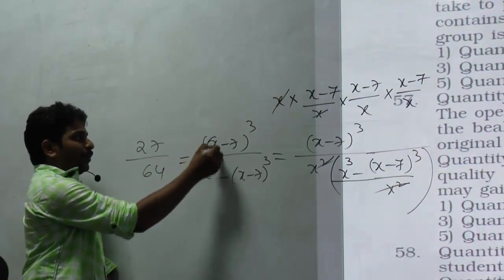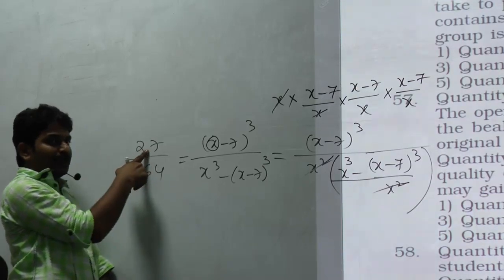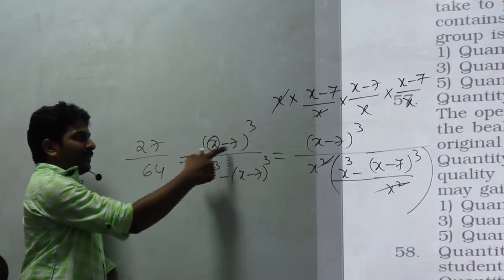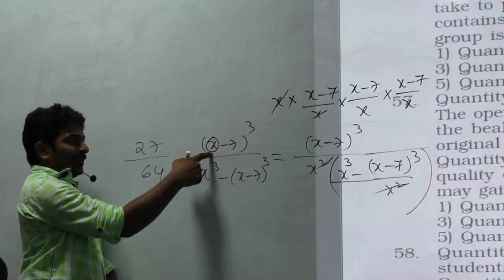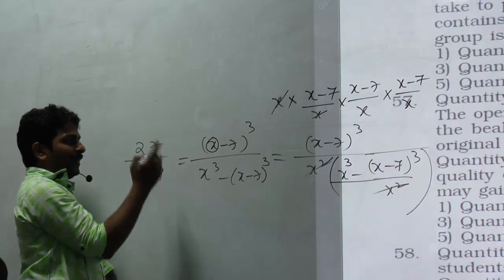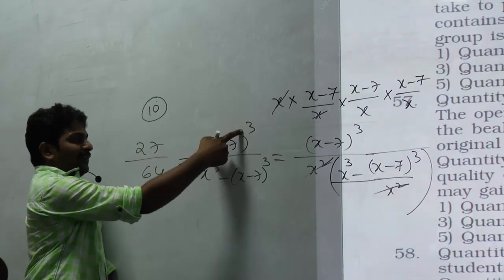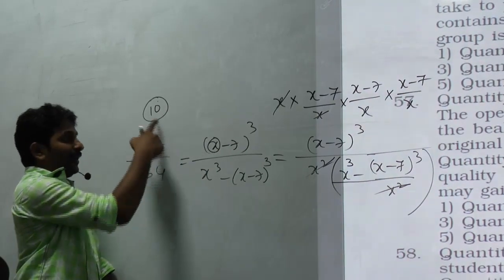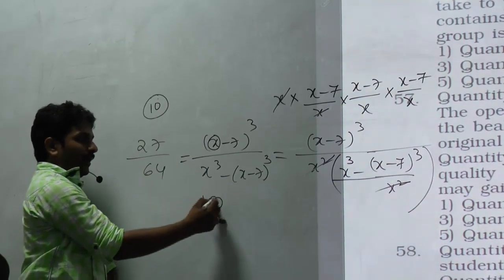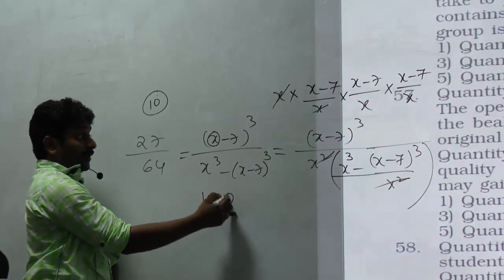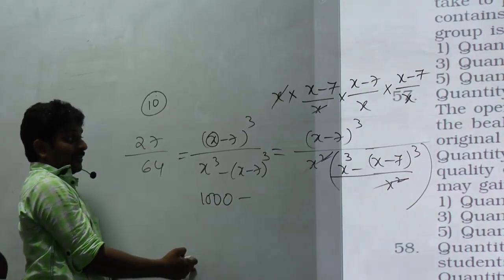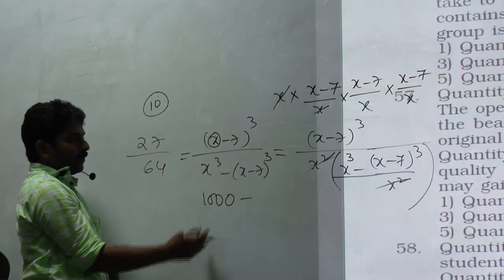If x is equal to, this has to be 3 cube. X minus 7 is equal to 3, then x should be equal to 10. Let's substitute. If x is equal to 10, 10 minus 7, 3 cube, 10 cube, 1000 minus 10 cube.